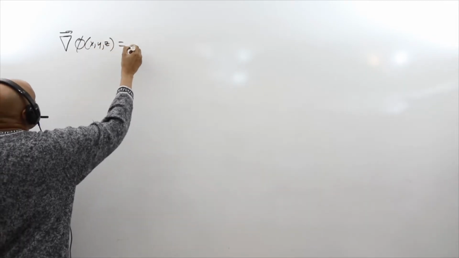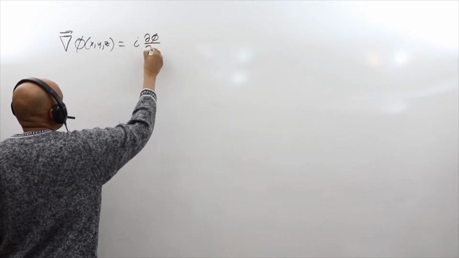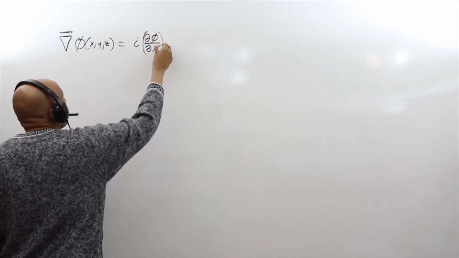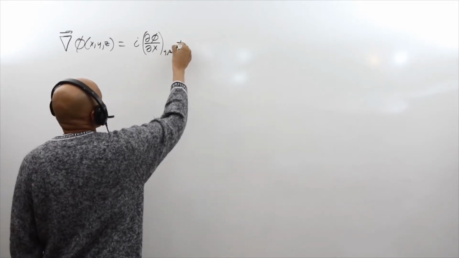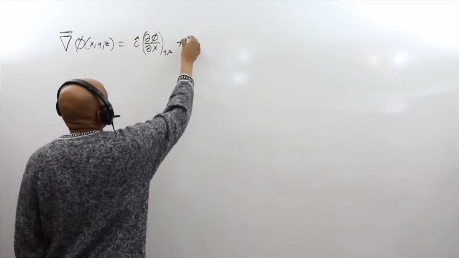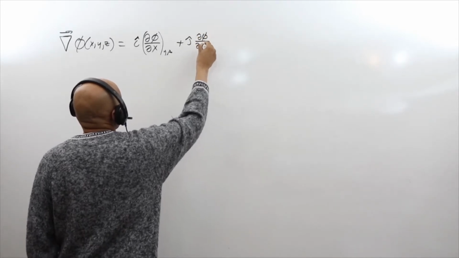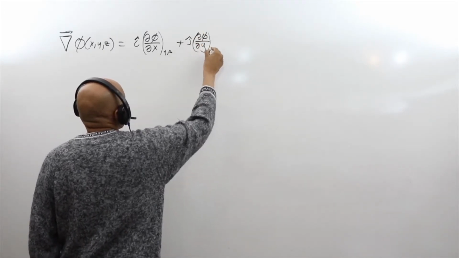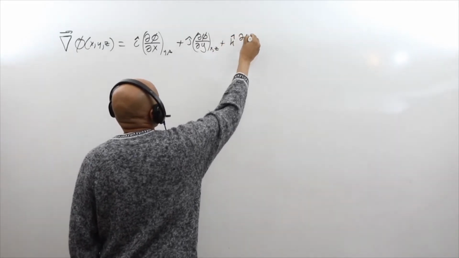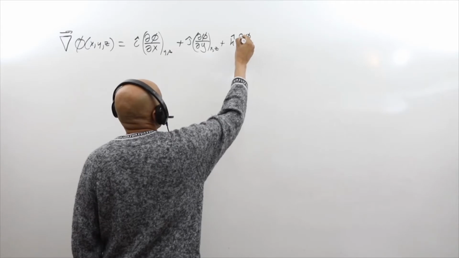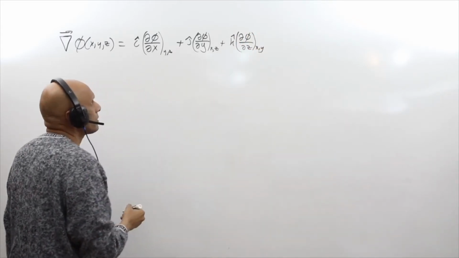It is defined to be the partial of phi with respect to x holding y and z constant, because x, y, and z are the independent variables, times i, plus j times the partial of phi with respect to y holding x and z constant, plus k times the partial of phi with respect to z while holding x and y constant, meaning the independent variables are x, y, and z.